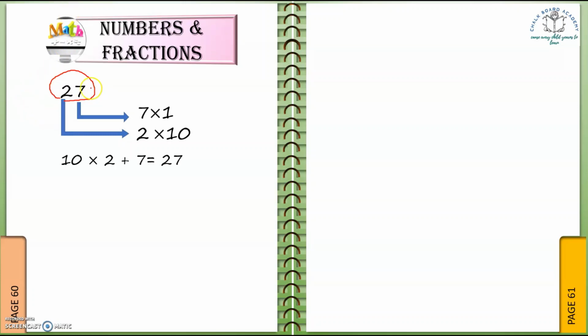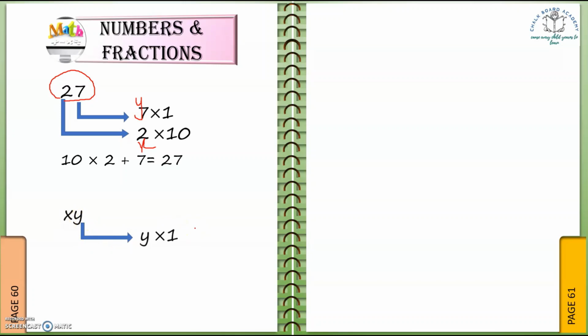So if we replace this 2 and 7 with x and y, instead of 7 we can use y, and instead of 2 we can use x, thereafter we will get the equation 10 multiplied by x plus y. So let's see. Now we have replaced 27 by xy.